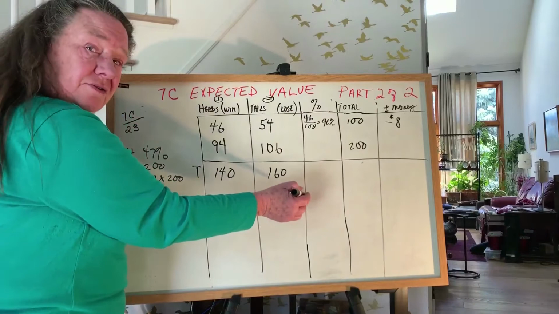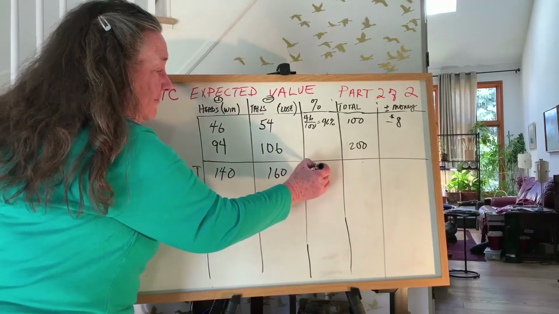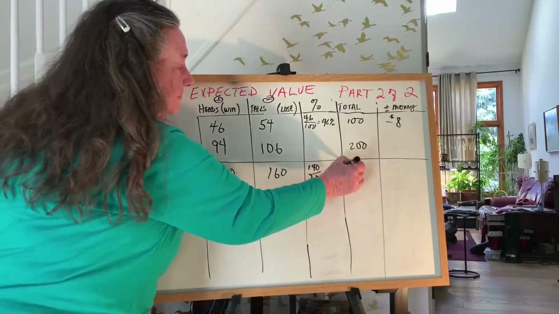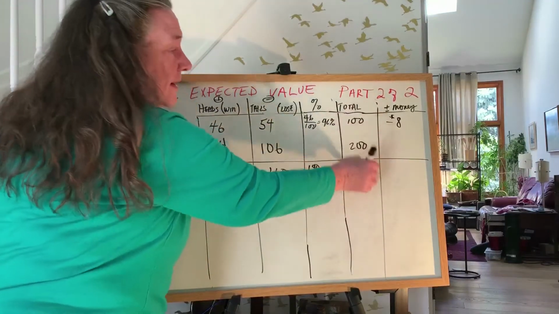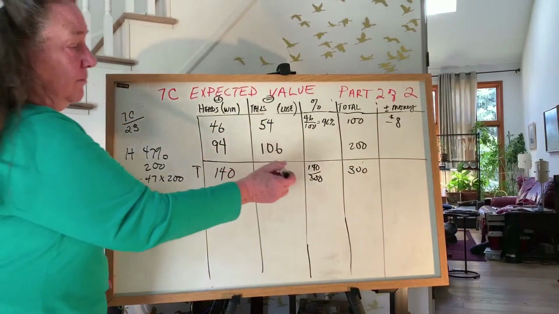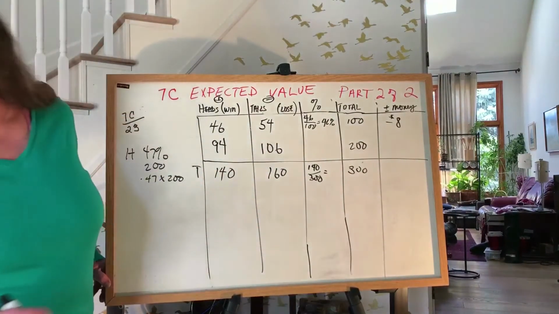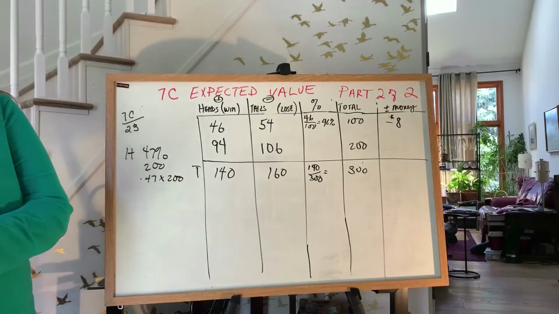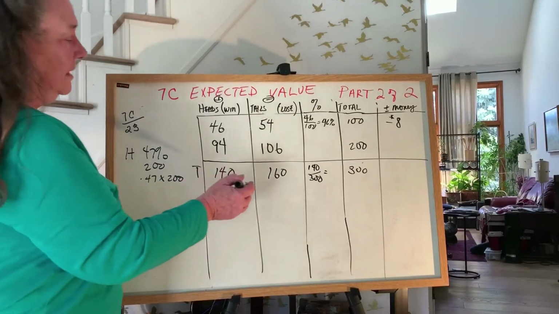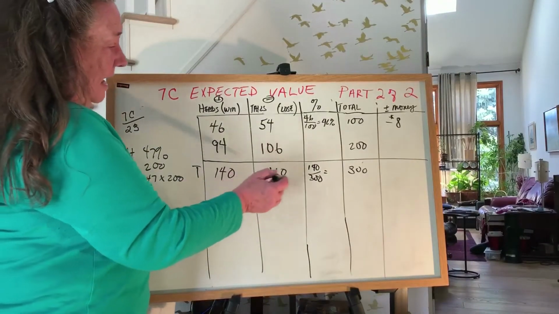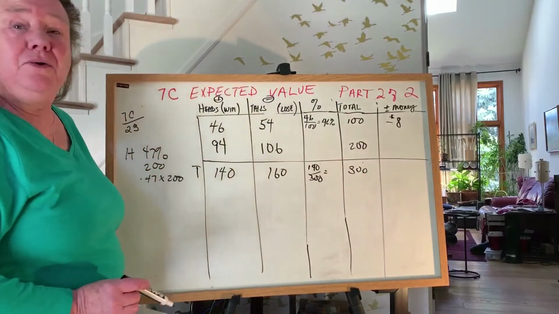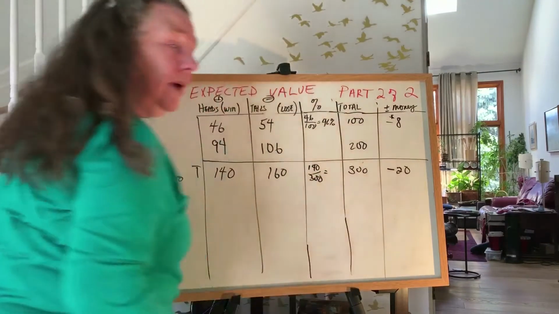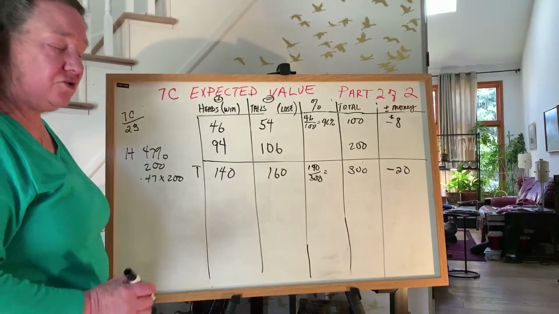What percentage are you throwing of heads? 140 over 300, the 100 plus 200. 140 over 300 is, I don't know, you'll have to do that for me. Okay. And are you up or down money? Well, now you're down $20. So you're on a losing streak.